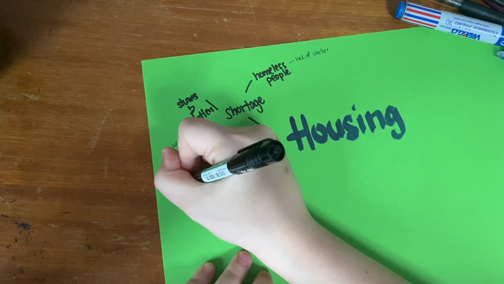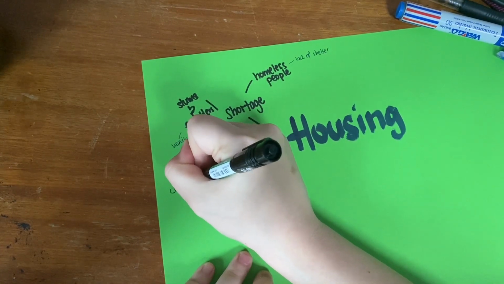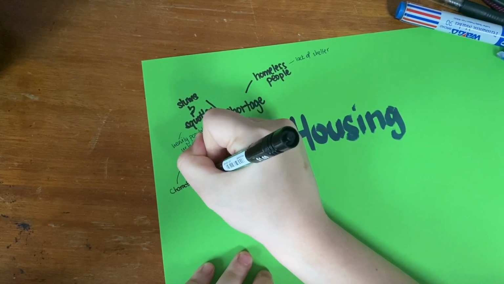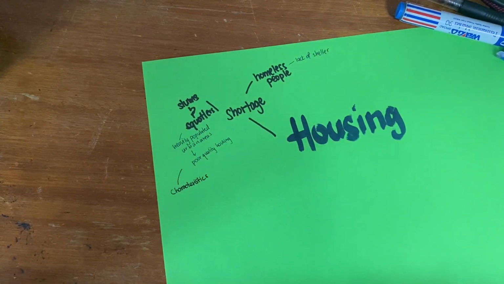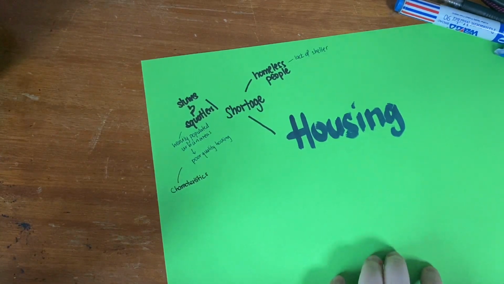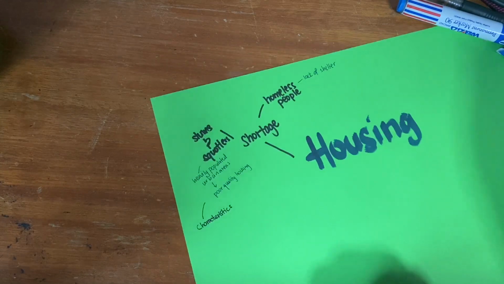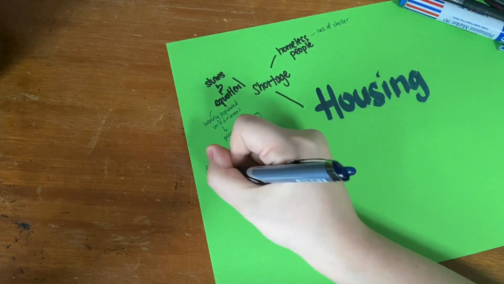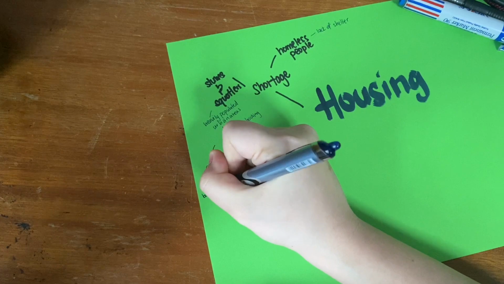So let's look at some characteristics of slums and squatter settlements. I already said just now, one of them is that they are built without permission.